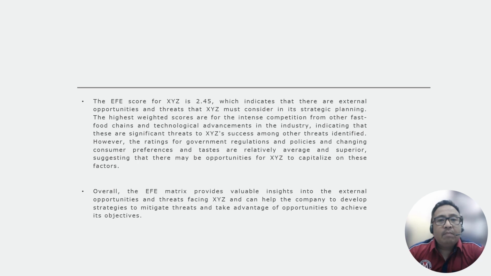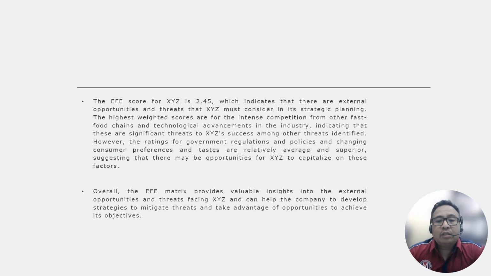The EFE matrix analysis provides valuable insights into the external opportunities and threats that XYZ faces. By understanding these factors, XYZ can develop strategies to mitigate potential threats and capitalize on available opportunities.